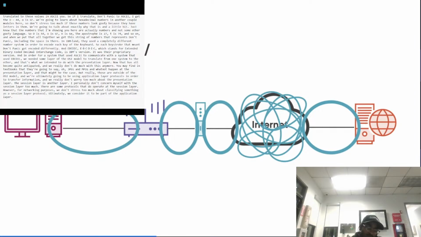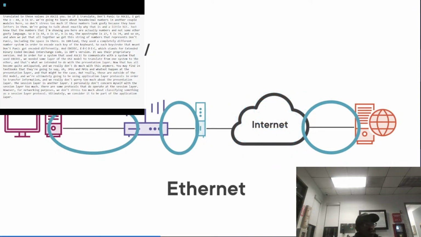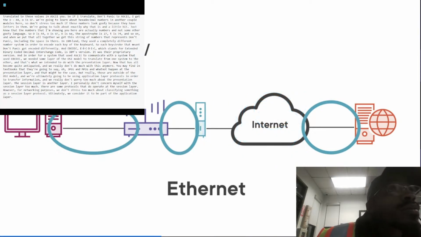So all these little circles that I have drawn here represent different protocols that could be used to transfer data. Each one of these protocols is a little bit different, but they work together all at the same level.